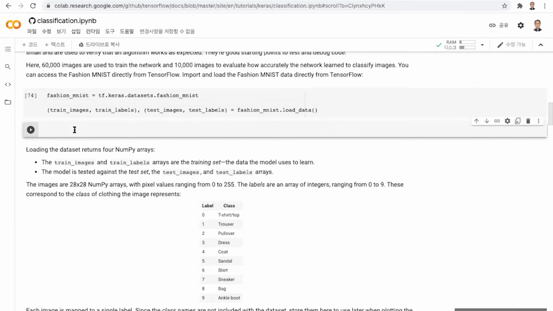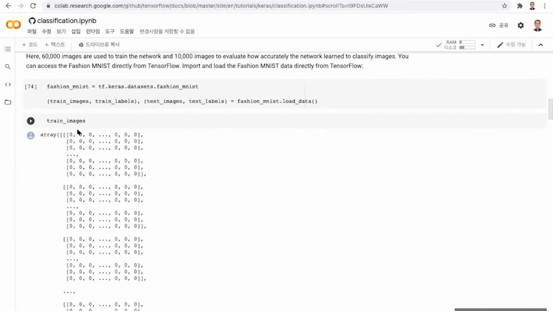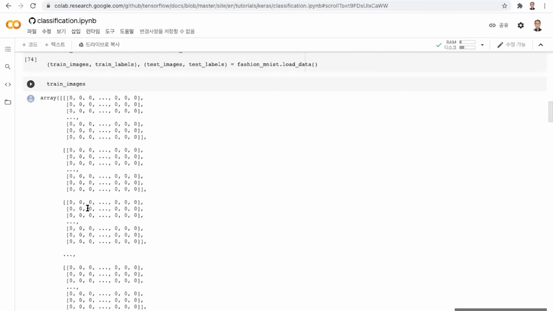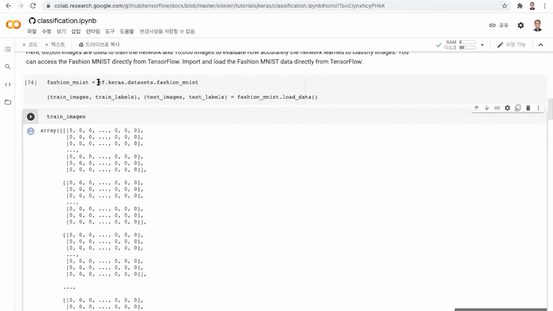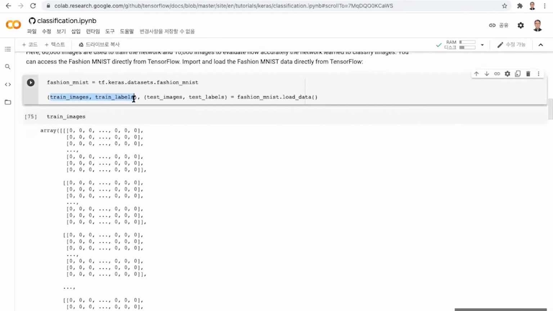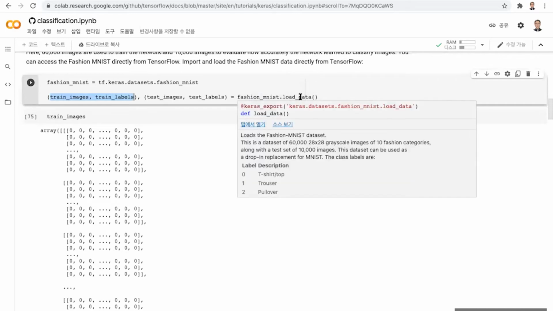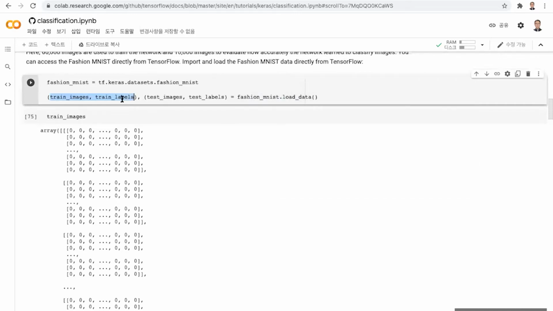It has train images, which are a bunch of numbers. Actually this loads into your memory two different pieces: one is for the train and the other one is for the test.